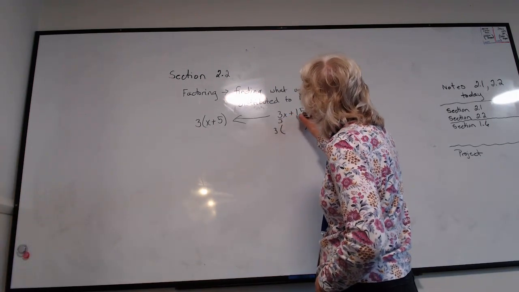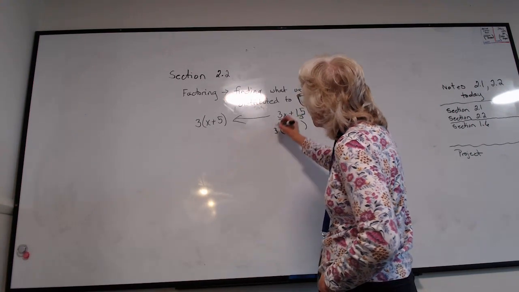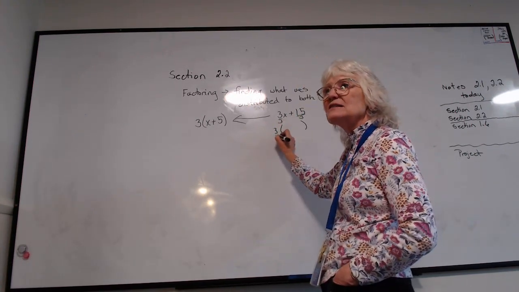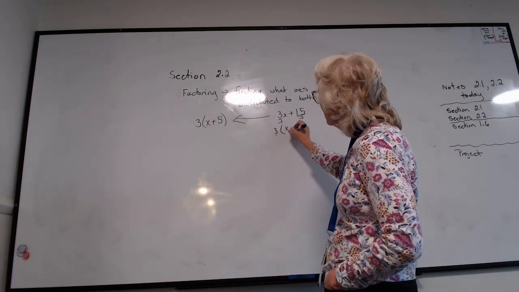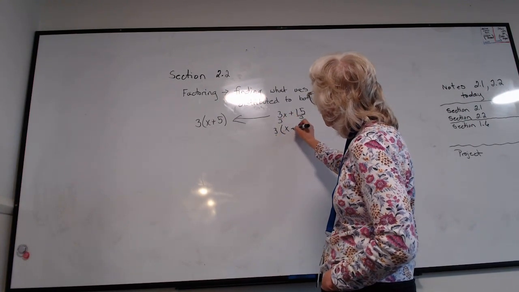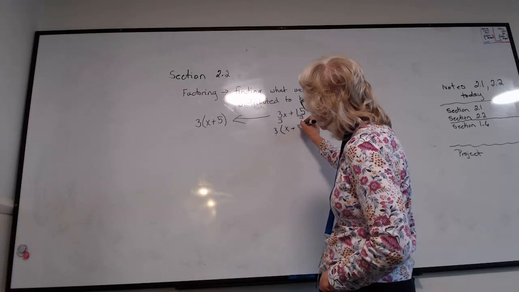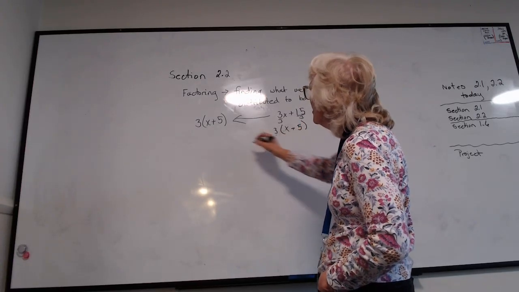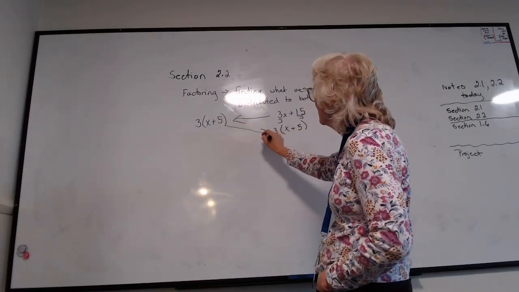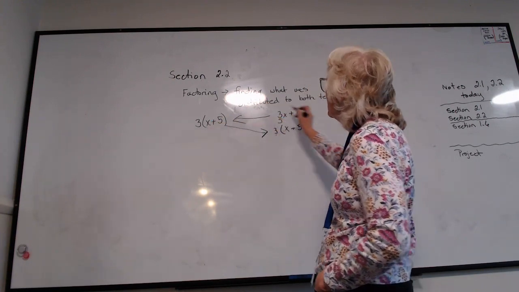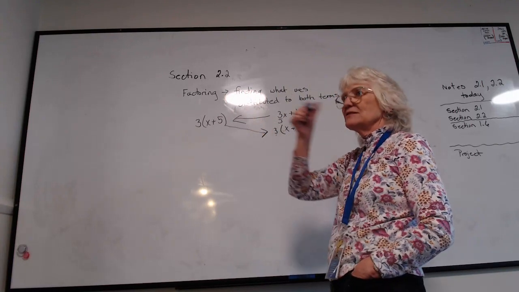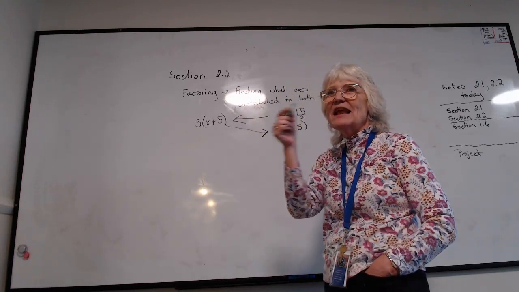Okay. So if I divide this by 3, the 3 is what comes out because it's what was multiplied through. 3 divided by 3 is x. 15 divided by 3, positive 15 divided by positive 3 is 5. Notice I got the answer, so we went this way, but what factoring is, is going backwards from the distributed answer.